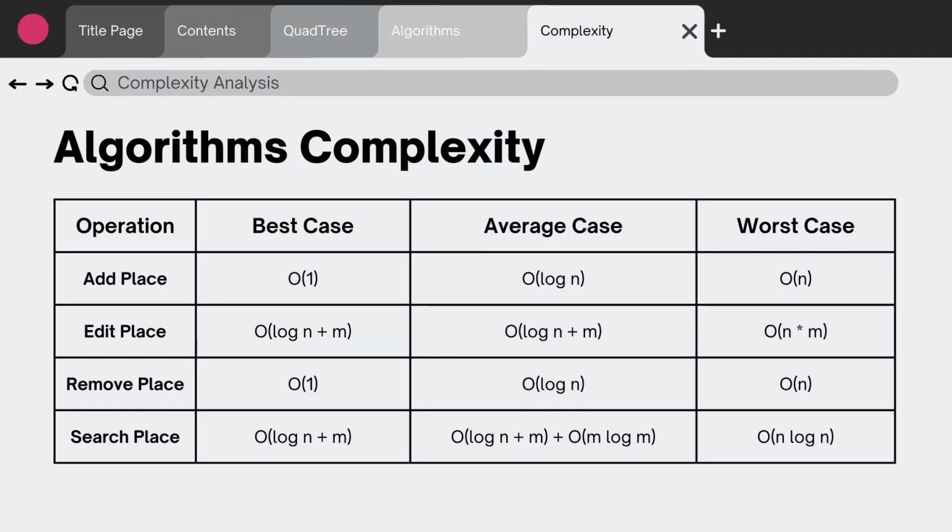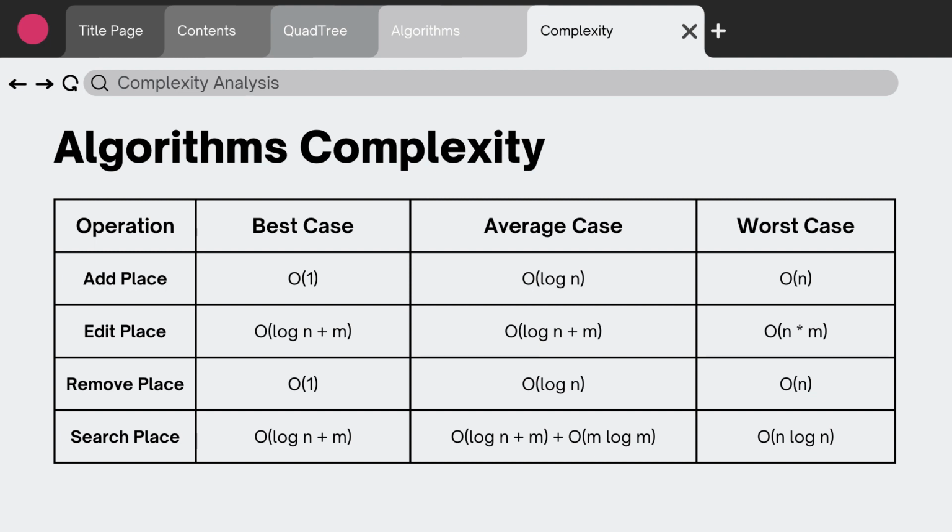So about the complexity of the algorithms, I will provide an overview of the time complexities for essential operations in the Map2D data structure. Utilizing a quad tree, we will briefly touch on the complexities of adding, editing, removing, and searching places.